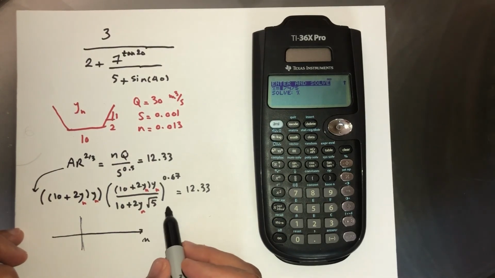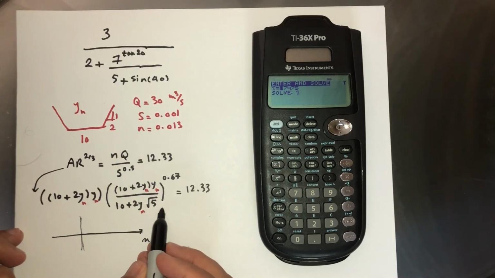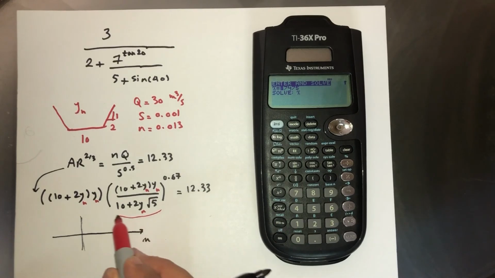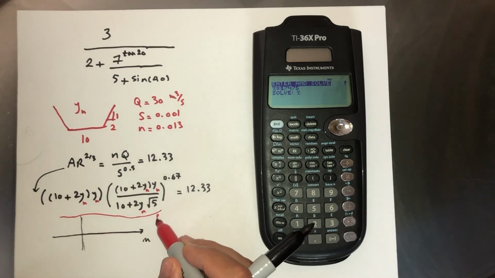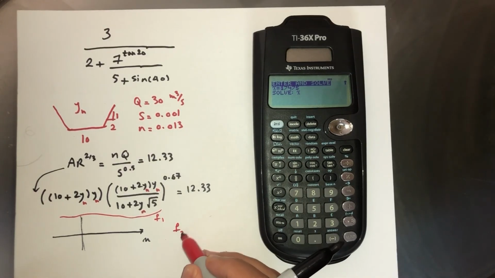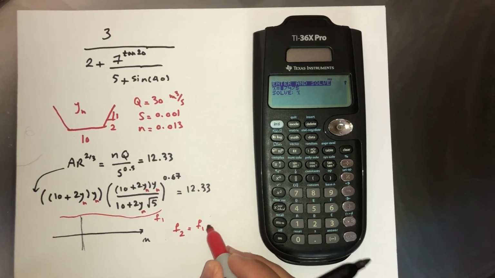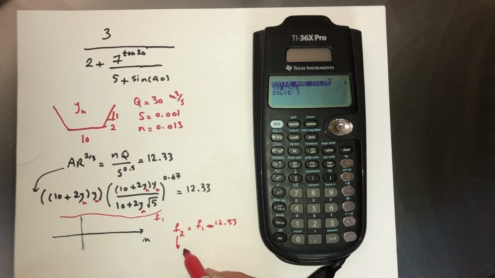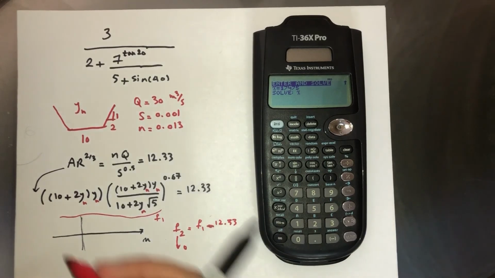If I call this part, in red, let's say f1, then you have a function f2, let's call it f1 minus 12.33. You want to set this f2 to 0. You want f1 equal to 12.33, so I call it f2.